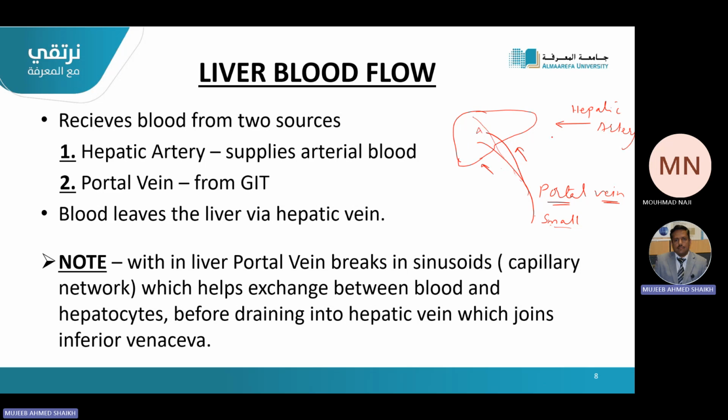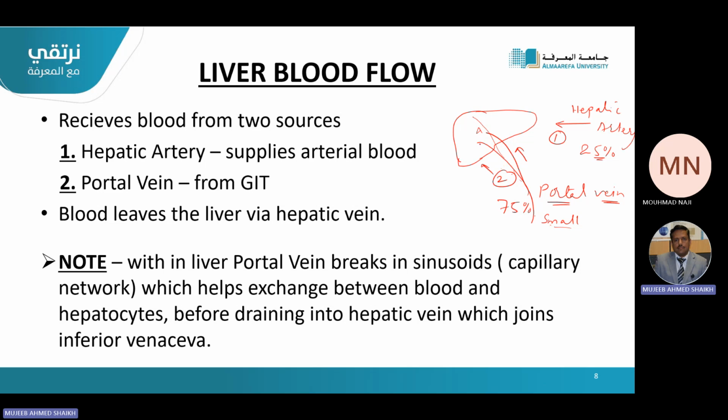So the liver is receiving blood from the artery as well as from the portal vein. The portal vein supplies around 75% of the blood, whereas the arterial supply, which is for the oxygen, is only about 25%. So these are the two main sources of blood.